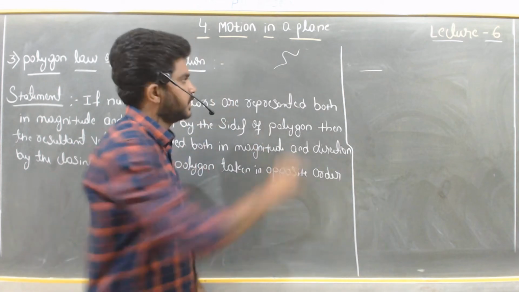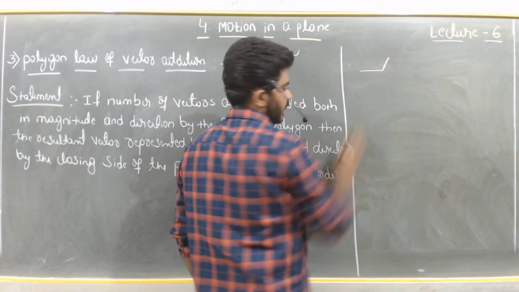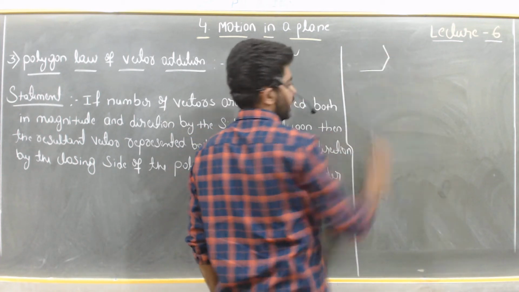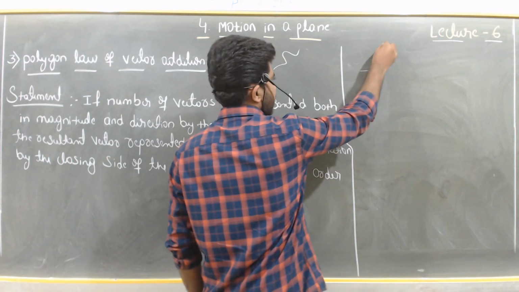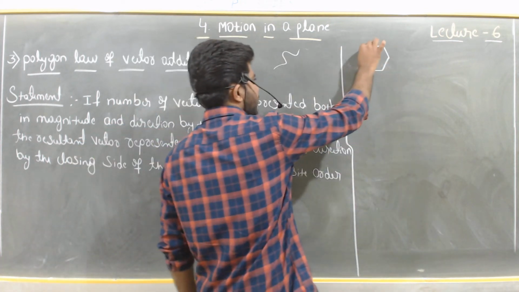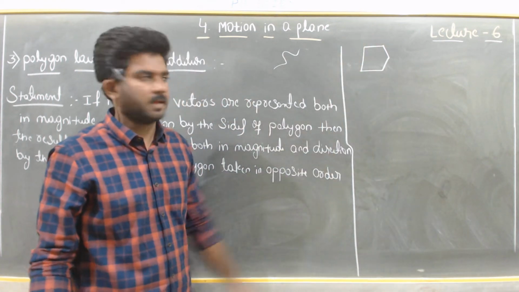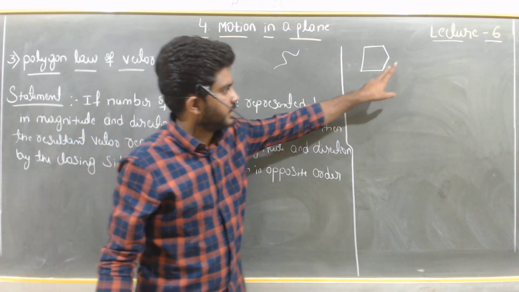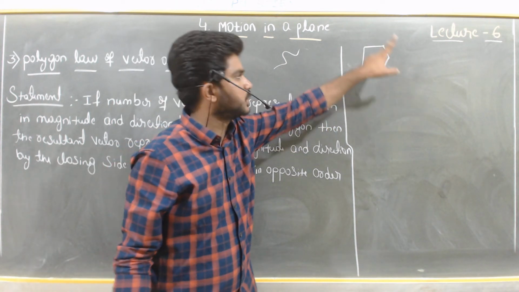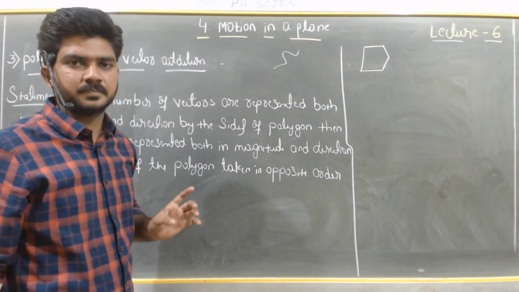This is another side, also a straight line, and this is another side, also straight. Every side must be a straight line, and it should not be a curve. So this kind of structure we call a polygon, right?